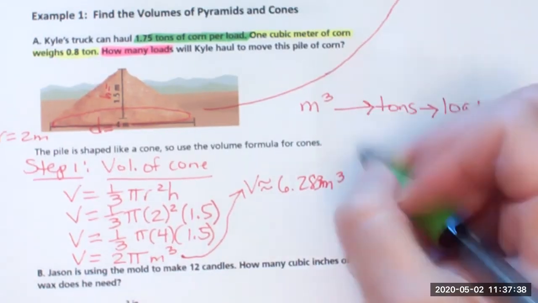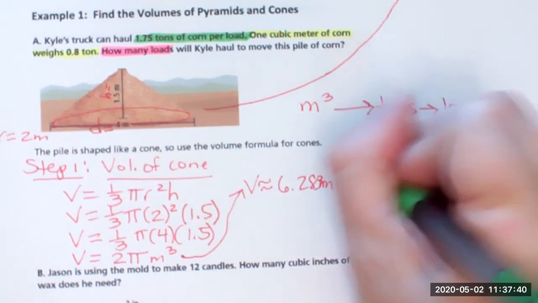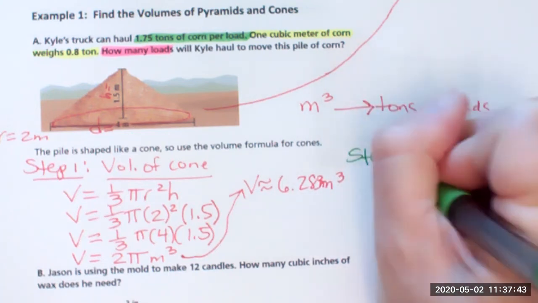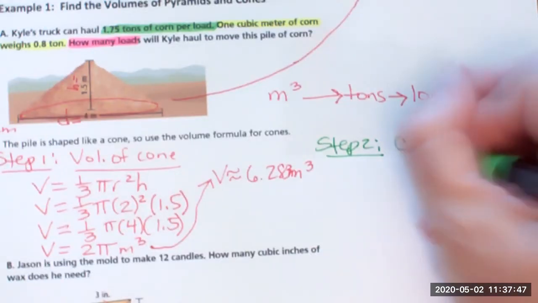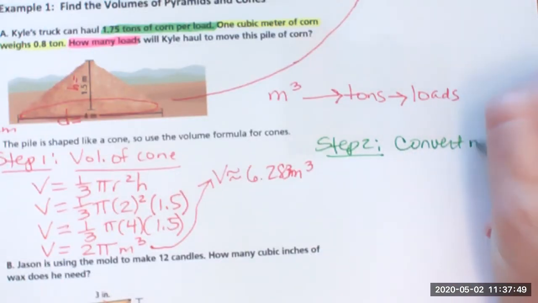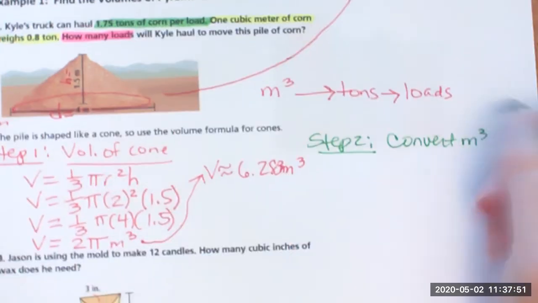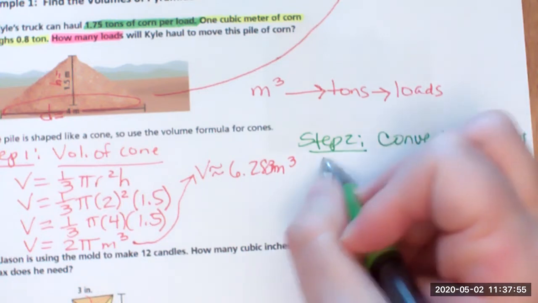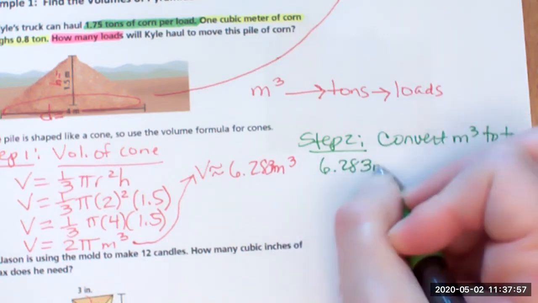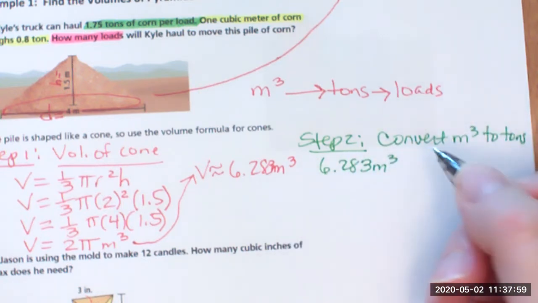So step 2. Okay, we're going to convert meters cubed to tons. Okay, so we have 6.283 cubic meters, and we know that each cubic meter is 0.8 of a ton.